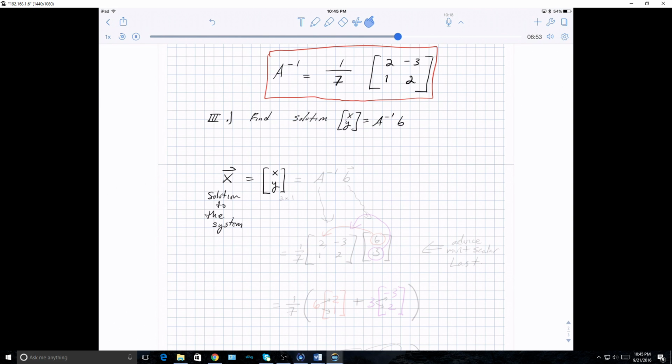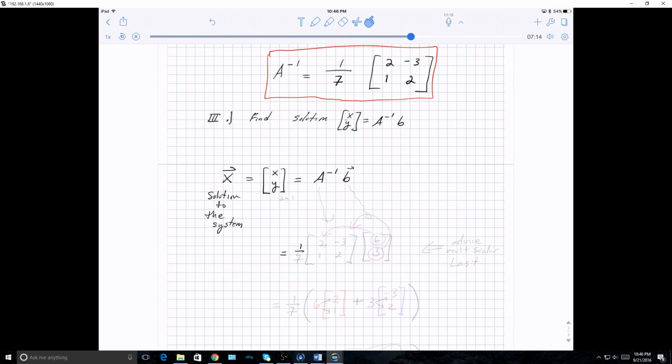It is equal to the product of the inverse matrix of A times the vector of constants, B. Let's just call it that. So now all we have to do is put these all together.